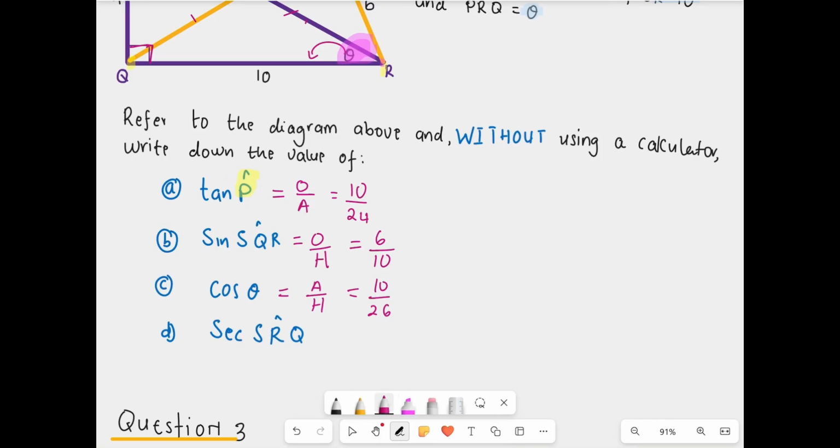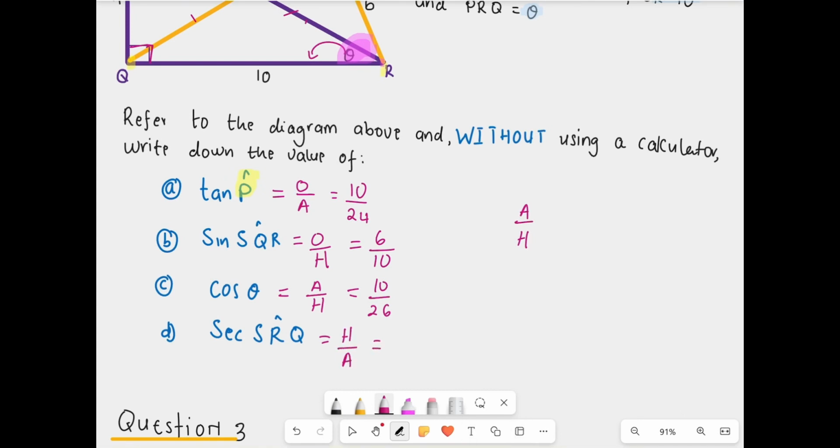The definition of cosine is adjacent over hypotenuse, so the definition of sec will be hypotenuse over adjacent.